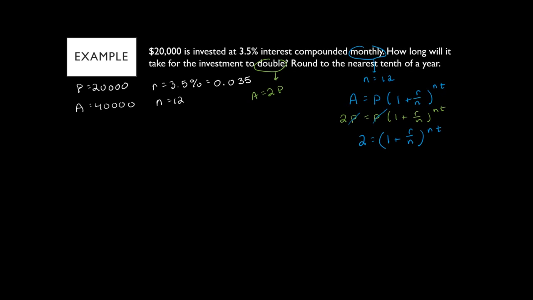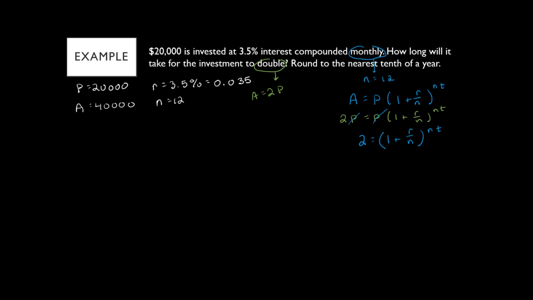It will take the same amount of time to double. If I had $10,000 at this interest rate versus $20,000 at this interest rate, they're both going to double in the same amount of time. It's a really interesting thing that you may not notice unless you look at what it means and you look at the formula.